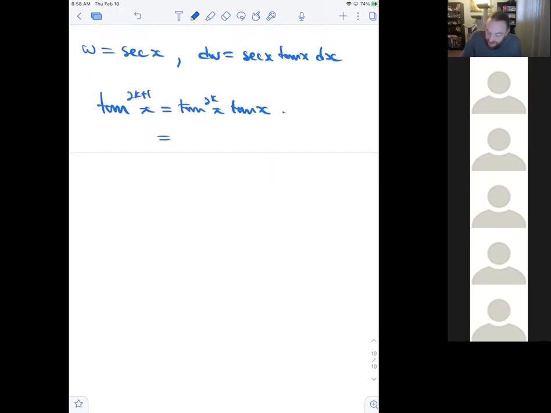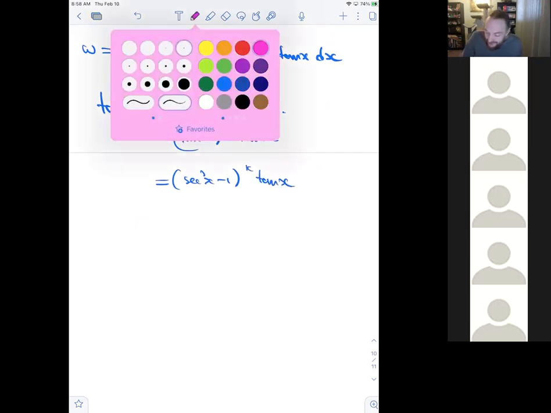And then I can write this as (tan squared x) to the power k times tan x. And then this is (secant squared x minus 1) to the power k times tan x. I'll use this in a second to show you.